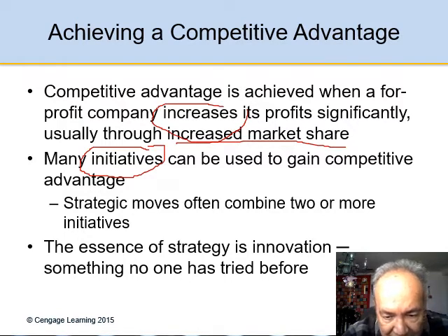What is innovation? Something new. The word innovation means something new, something that you add to your product that will make it better.